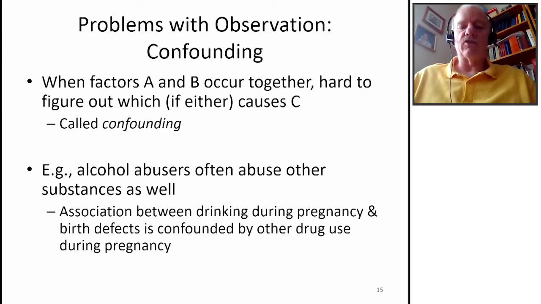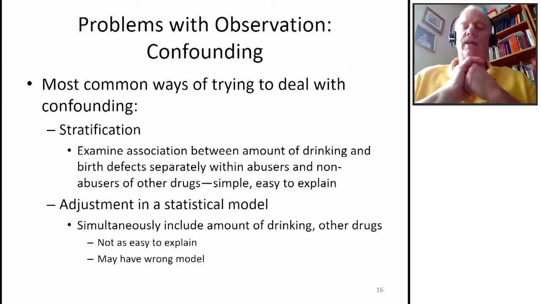So if you're trying to look at the association between drinking during pregnancy and birth defects in the baby, it's going to be confounded by other drug use during pregnancy. So you won't really know whether the drinking caused the birth defects or the other drugs caused the birth defects. And so what do you do about that?